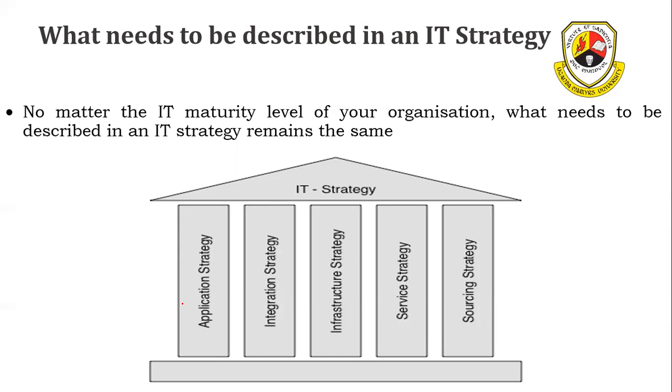So when we look at the classical approach for developing ICT strategy, you notice the pillars that build it: application strategy, integration, infrastructure, service, sourcing. Each of these points is a guiding tool for ICT design.